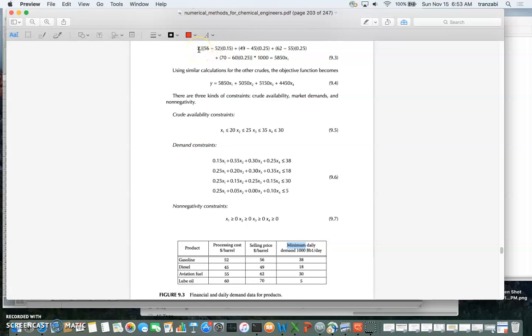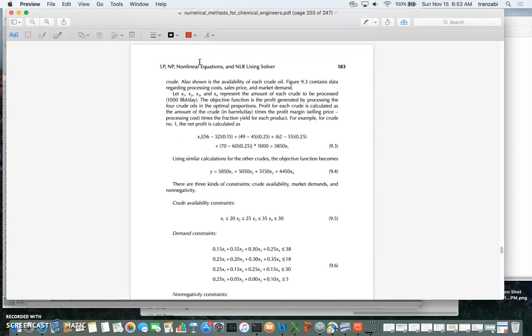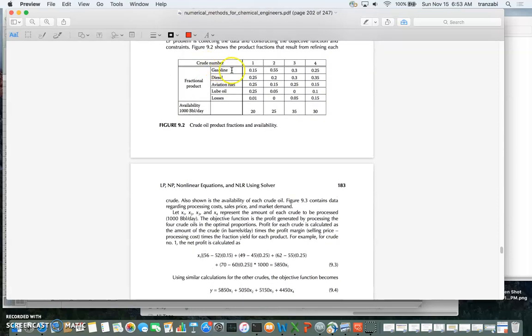But x1 is the overall barrels of product 1. Product 1 has only 15% gasoline, so this needs to be multiplied by 15%. So 15% of x1 will be gasoline for product 1, and this is the cost, this is the gain, the difference is going to be the profit.